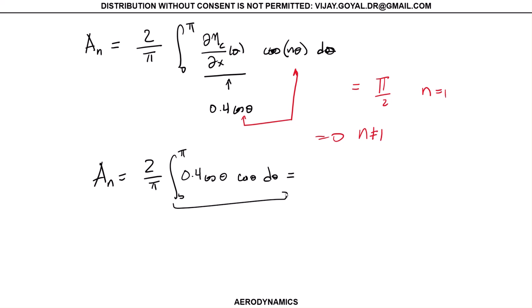This gives you pi over 2 multiplied by 0.4, but this is a constant, so this gives you 0.4. A2, the expression for A2, let's write it on the next page, is equal to 2 over pi, integral of 0.4 cosine of theta times cosine of 2 theta d theta.